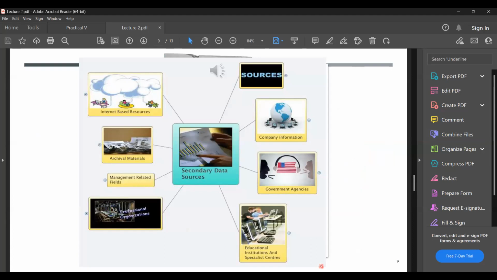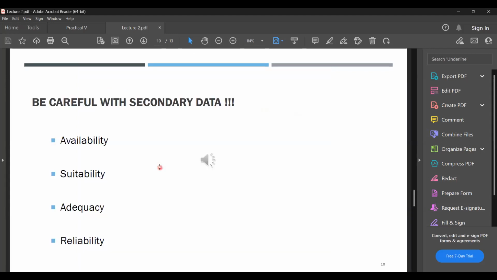And also there are certain educational institutes and specialist centers, right? There you can collect data that is related to your topic as well. So those are called secondary data, and these are the ways that you can find secondary data.